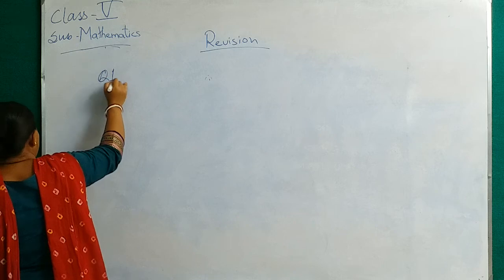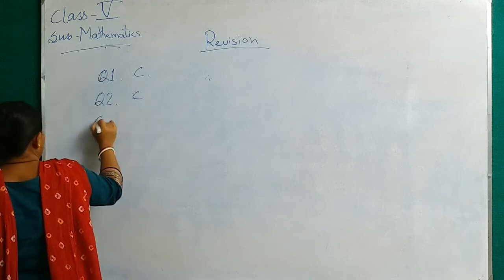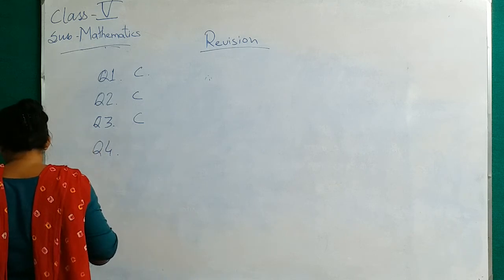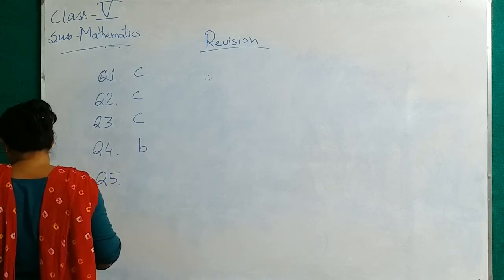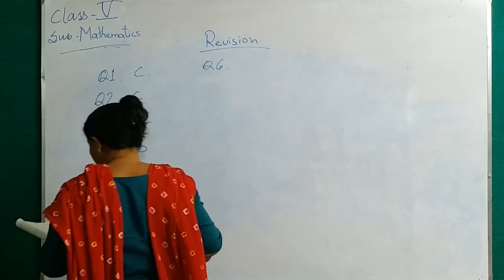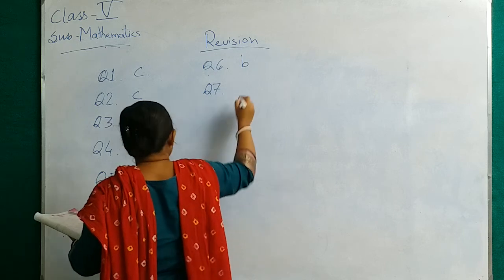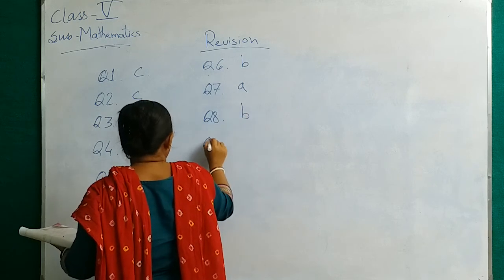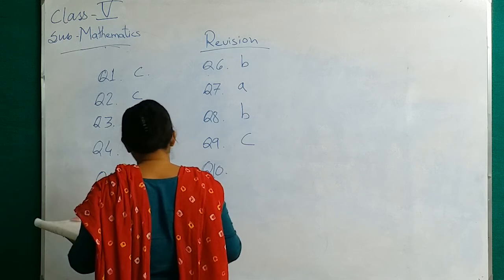For question number 1, option C. For question number 2, option C. For question 3, the option is again C. For question 4, the option is B. For question number 5, the correct answer is A. For question number 6, the correct answer is option B. For question number 7, the correct answer is option A. For question number 8, the correct option is B. For question 9, the correct option is C. And for question number 10, the correct option is D.